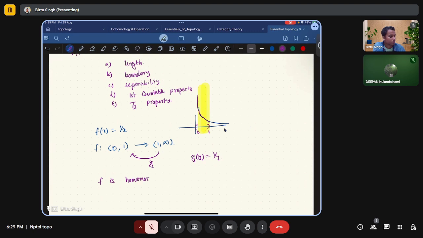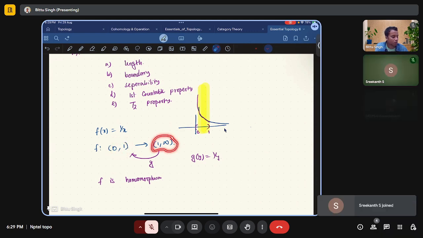Homeomorphism. Right? Now, what about length? The length of the interval is 1, but the length of this 1 to infinity is unbounded, right?